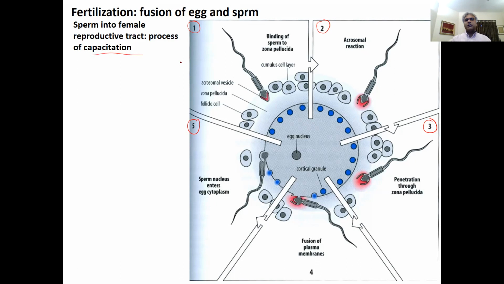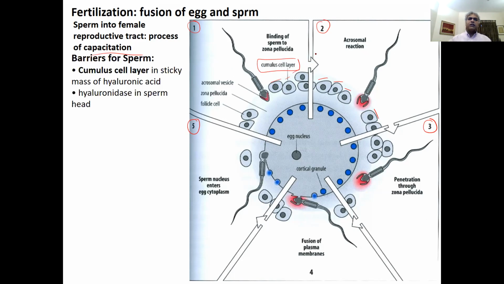Now, if this is the oocyte, you can see a layer of cells, and this layer of cells is called the cumulus cell layer. This is the first barrier to the entry of the sperm. And the cumulus cell layer is present in a sticky mass of hyaluronic acid.